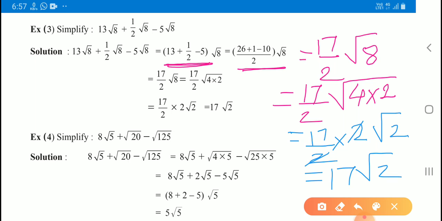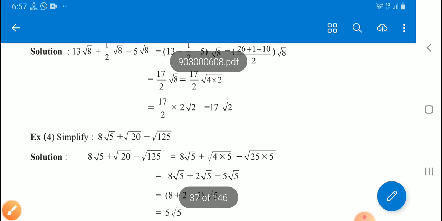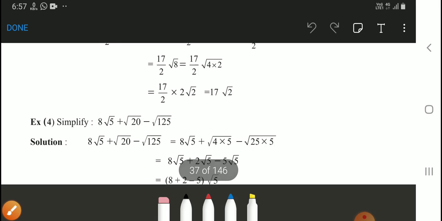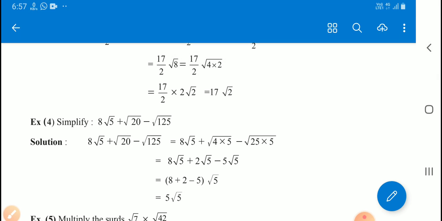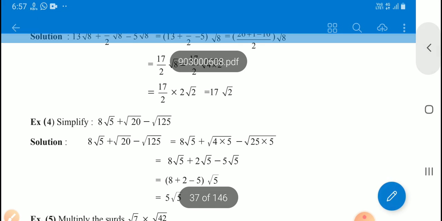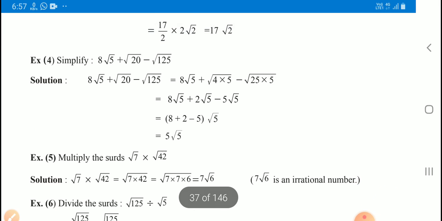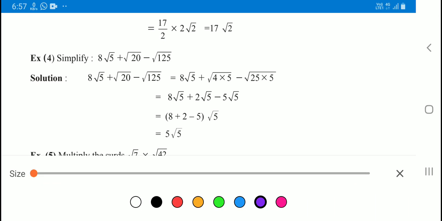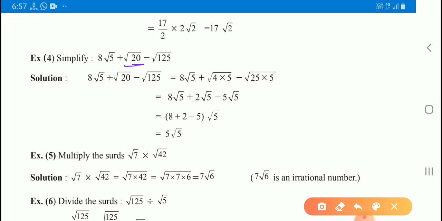Now the next example is 8 root 5 plus root 20 minus root 125. Then what will come here? We will see. Here in this example, the numbers root 20 and root 125 we can factorize.